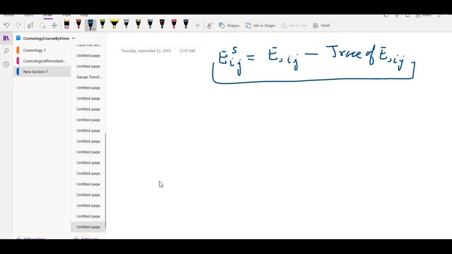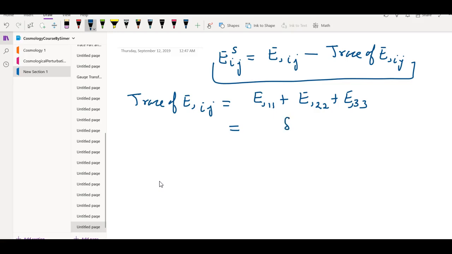So what is the trace of Eij? This trace is equal to this, and I can say delta KL E KL, like this.